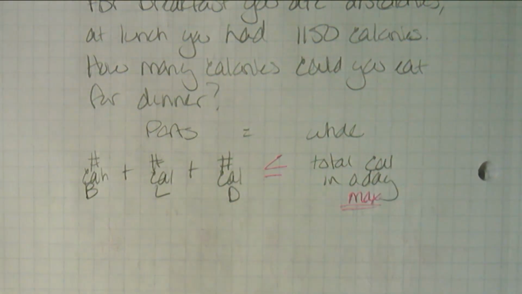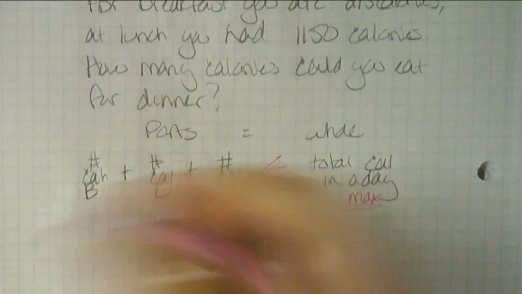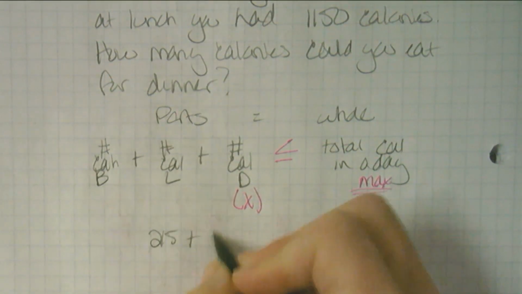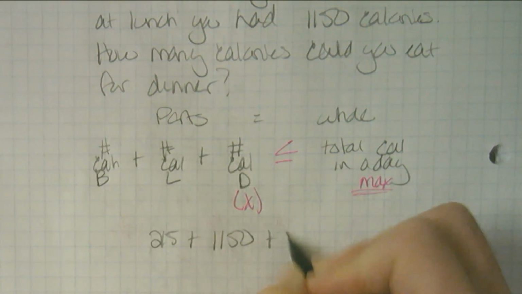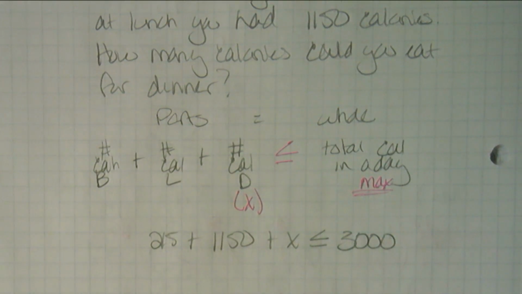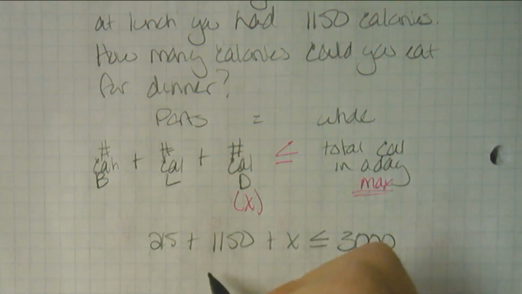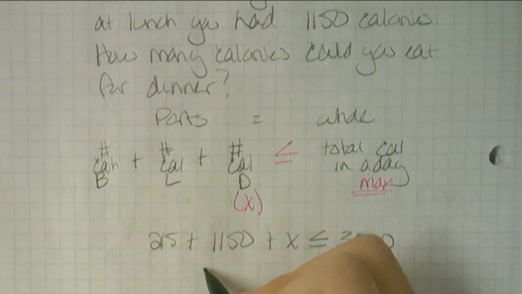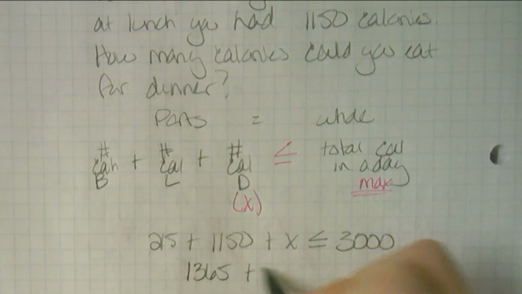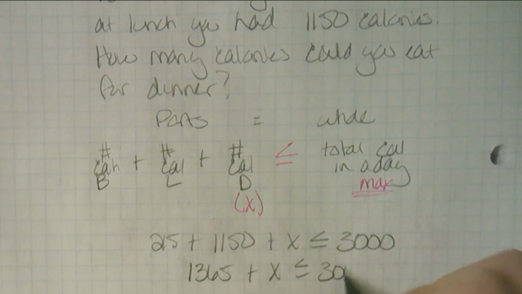Excellent. So, I don't know my number at dinner. All right, Chris, so go ahead and fill in my numbers, please. Less than or equal to? Okay, keep going. All right.